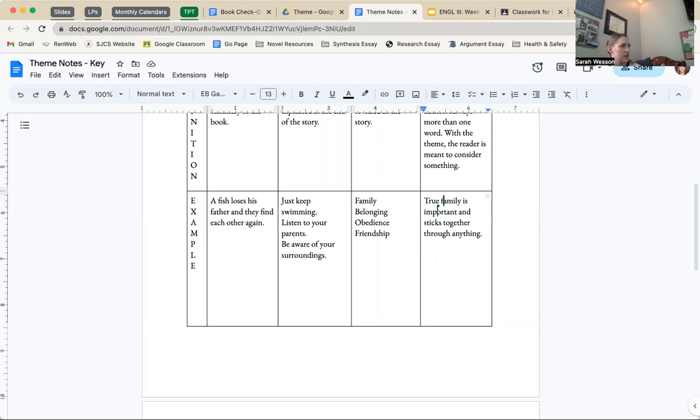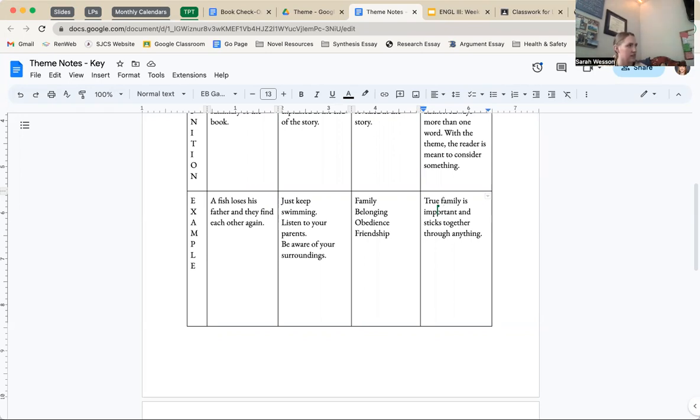Then I determined what the author, quote, thinks, unquote, about this topic by listing several examples of the topic from the book. So you're looking at how the topic shows up, and then you're asking yourself, what is the author saying about this based off of the examples of the topic that they provided for me?